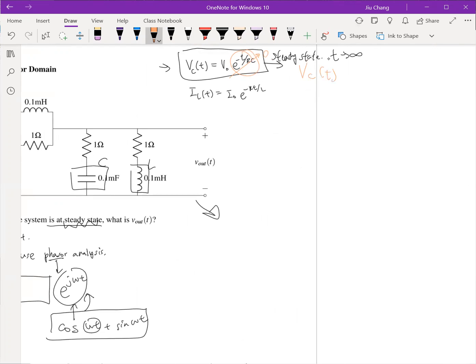So as a result, our voltage will approach 0. And if our voltage approaches 0, then no current is going through the capacitor, meaning it acts as an open circuit. This basically means no current goes through here and moves out of here. So we can basically ignore this segment.